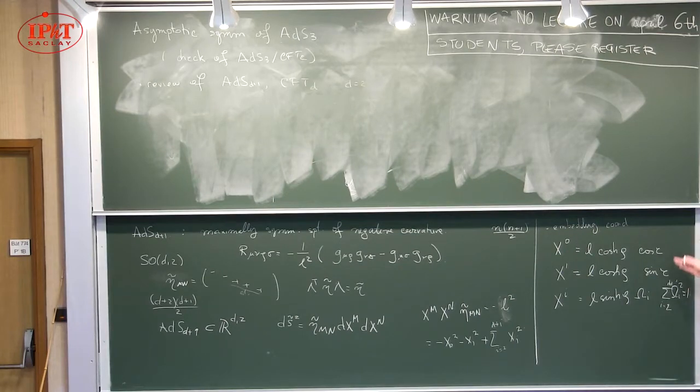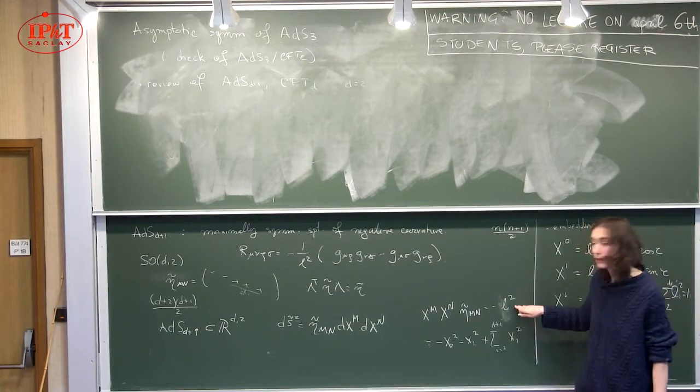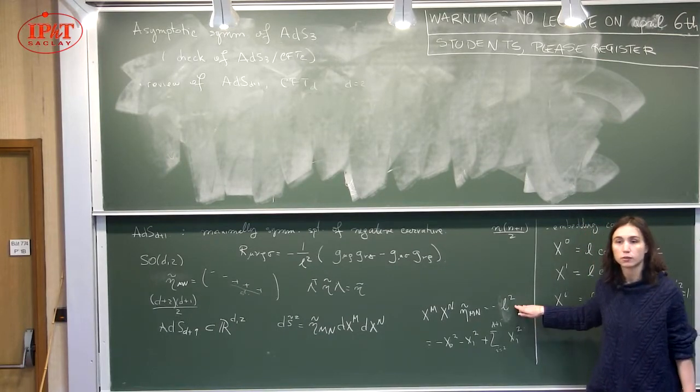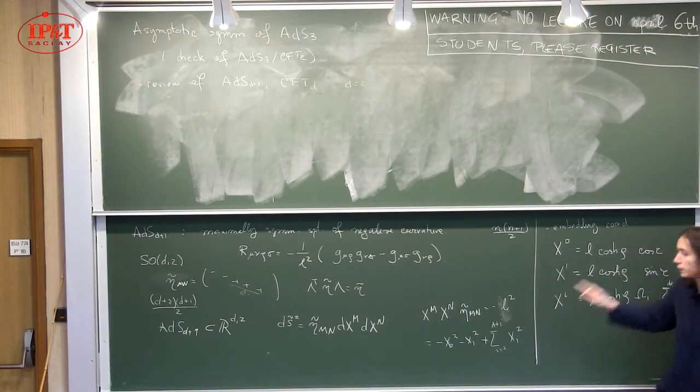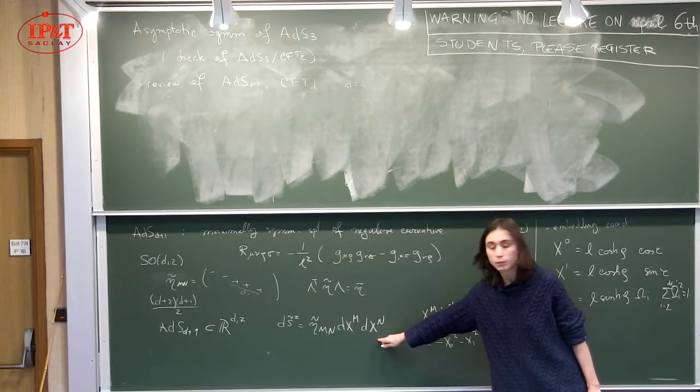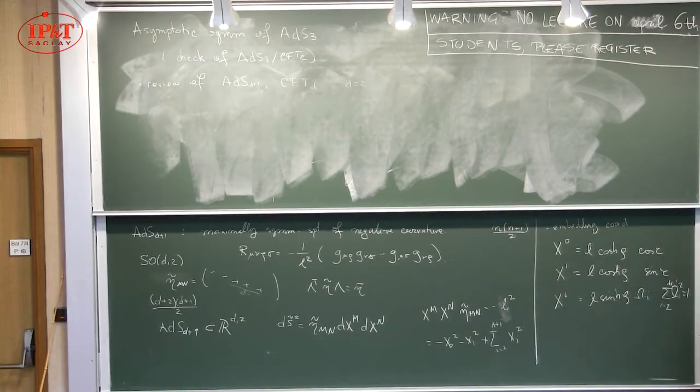Okay, so when you plug in this, you see that this constraint is automatically satisfied because this thing gives you an L squared cosh squared, with a minus, and these guys will give you plus L squared sinh squared. So you do get a minus L squared in the end. So these embedded coordinates automatically satisfy this constraint, and then you plug them into this expression for the metric, and you find what the induced metric on anti-de Sitter is.